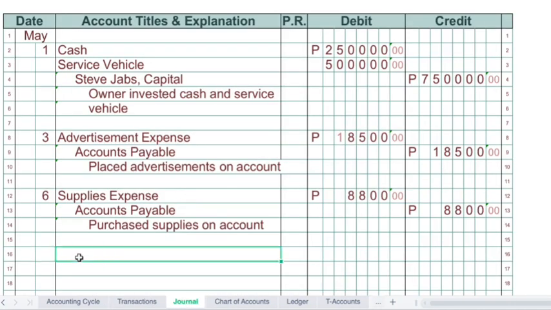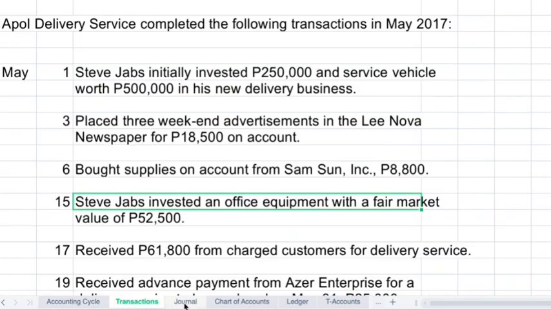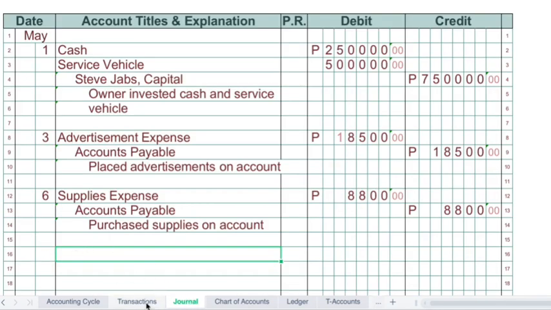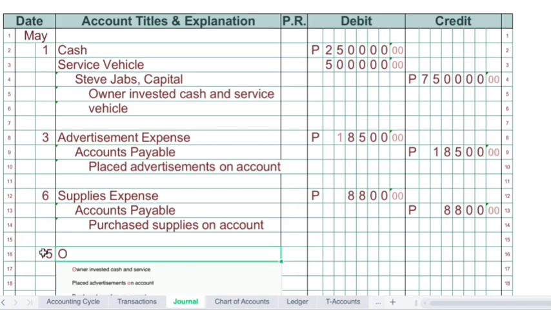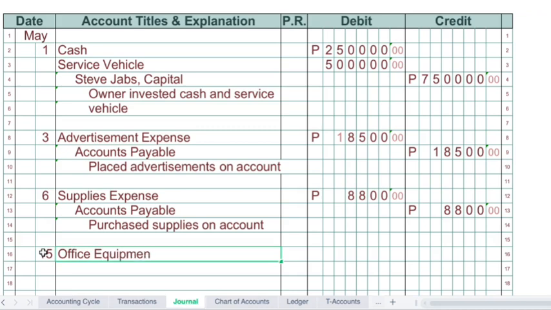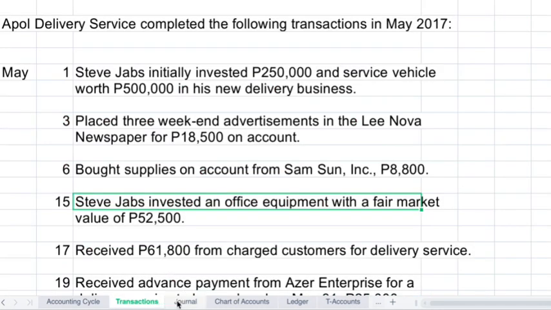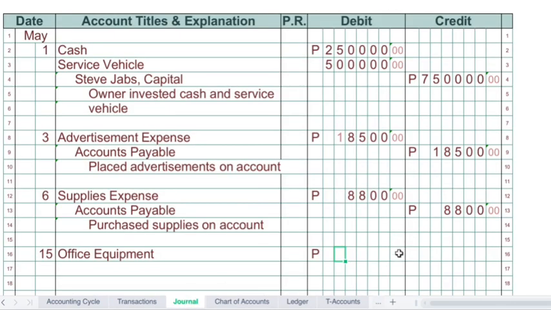And as you all know, capital increases on the credit side. So what date? 15. Okay, so debit office equipment which is worth $52,500. Okay.